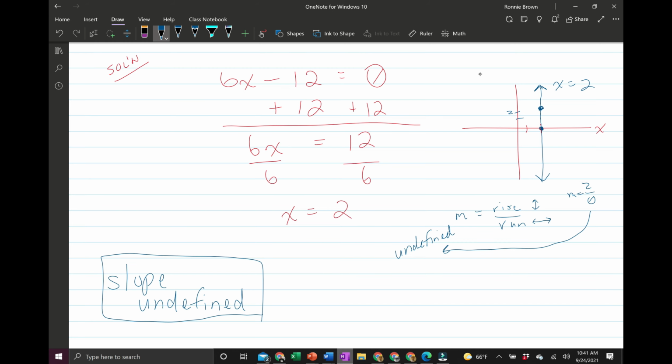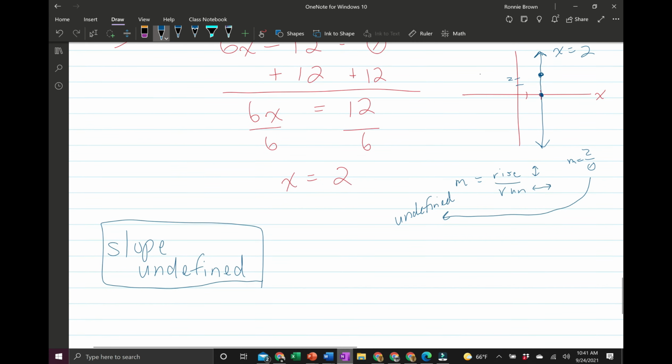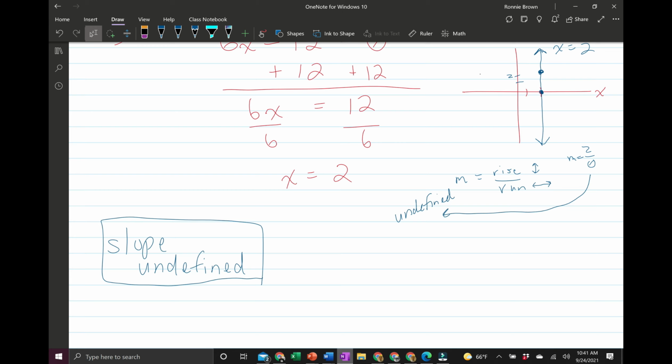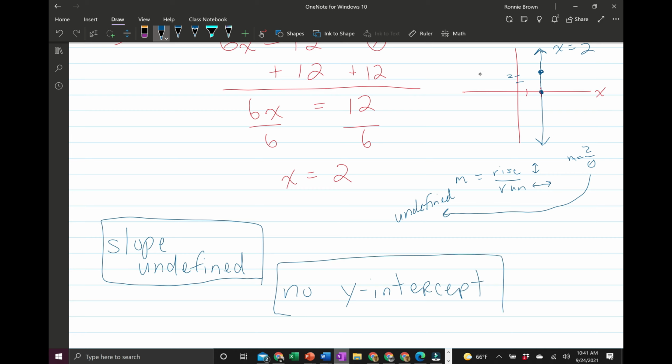Also, the question asks for a y-intercept. Well, as you can see for our example here that I graphed, we didn't have our graph cross the y-axis anywhere. So there is no y-intercept. So for our example, the slope is undefined and there is no y-intercept.